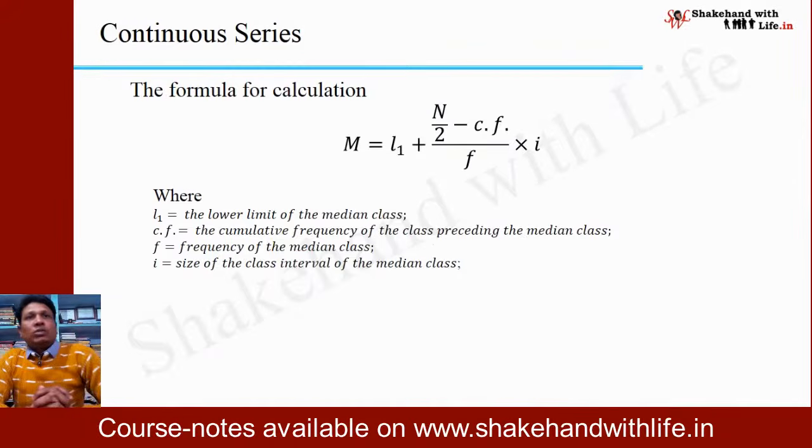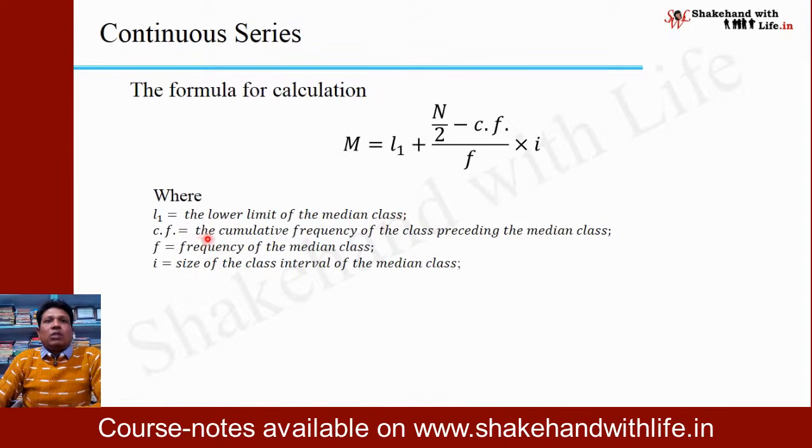Now how would you calculate the median for a continuous data series? The formula is M equals L1 plus (n by 2 minus CF) divided by F, into I. L1 is the lower limit of the median class.